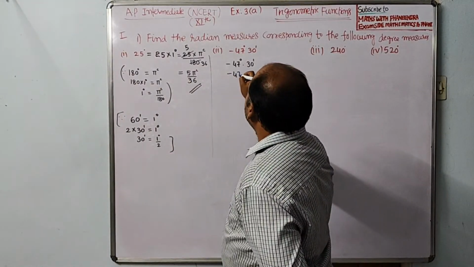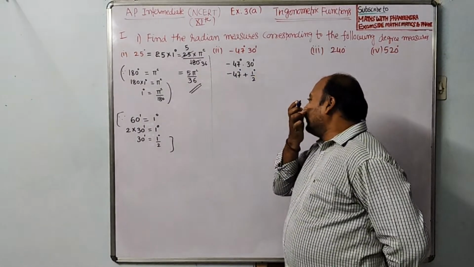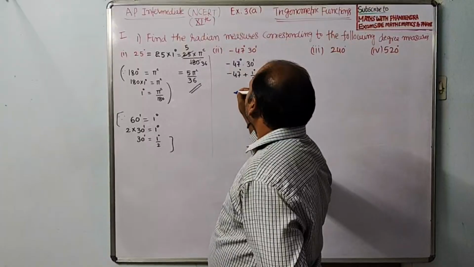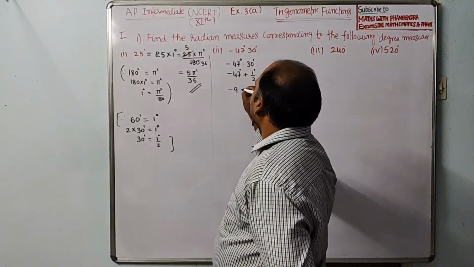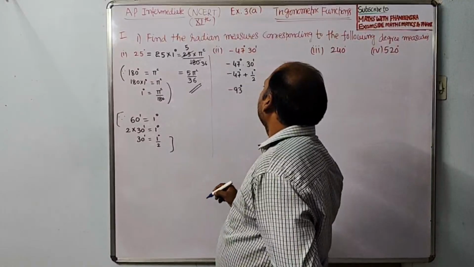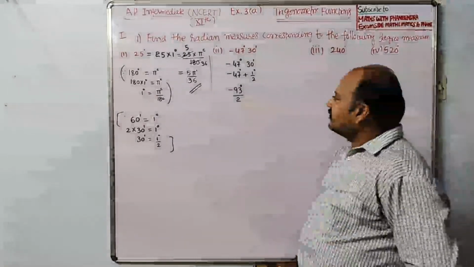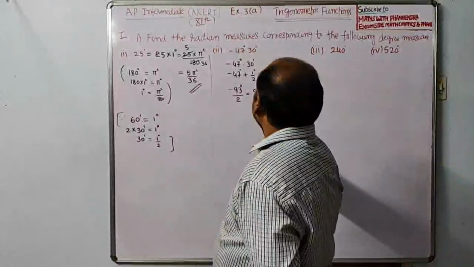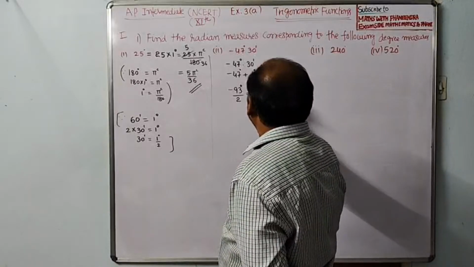So minus 47 degrees plus half degree. So total, if you do that, what comes is minus 93 degrees divided by 2. So later what we can do is, minus 93 by 2 into 1 degree.